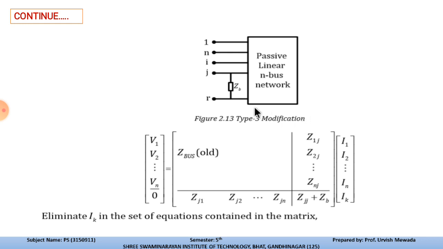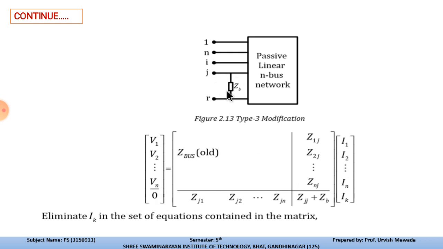In this, the matrix which we can form after this modification is the Zbus old. The modification that we have done is adding a current matrix, meaning V is equal to Z into I. So that's why V1, V2 up to Vn, and then Vk.